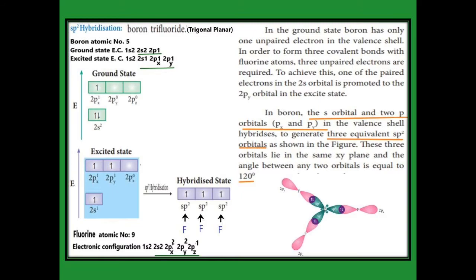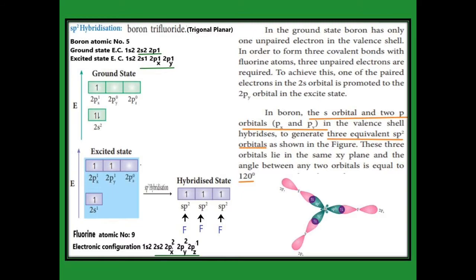In the excited state, the 2s orbital has 2 electrons, and one of the electrons is excited to the 2py orbital. Now see the green color box indicating the ground state: the 2s orbital has 2 electrons and the 2px orbital has 1 electron.